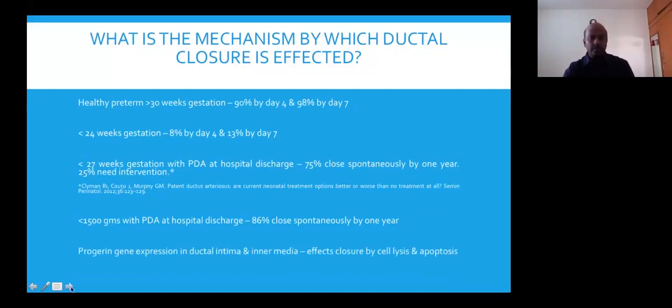Again, there is a genetic basis for closure also. There have been some recent studies which have revealed the presence of progerin gene expression in the ductal intima and inner media, which affects closure by cell lysis and apoptosis.